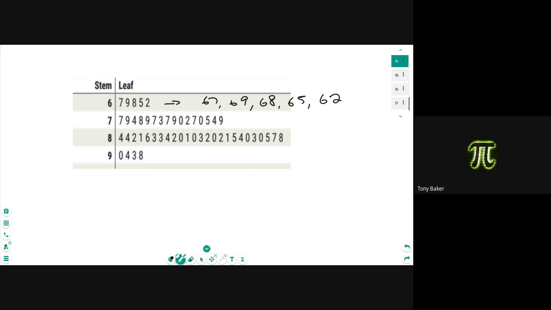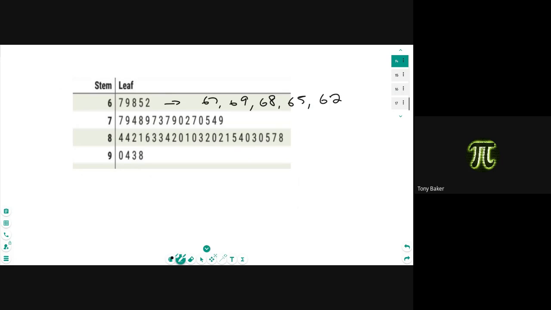So the stem is the first digit, the leaf is the second digit. Okay? Your stems are typically just the biggest digit in it. Your leaves can actually be multiple digits. Most times it is not, but it could be. So it's always the stem first and then whatever the leaf is after that. So that's how you get 67, 68, 69, 65, 62.